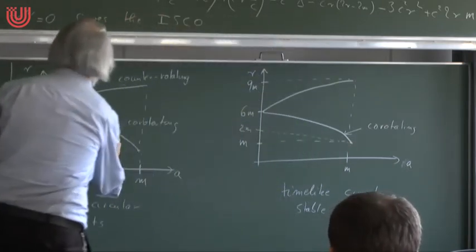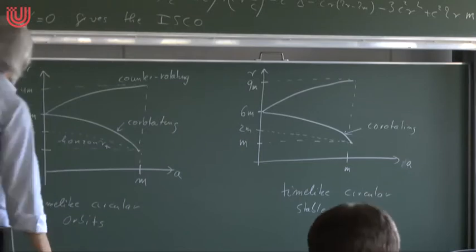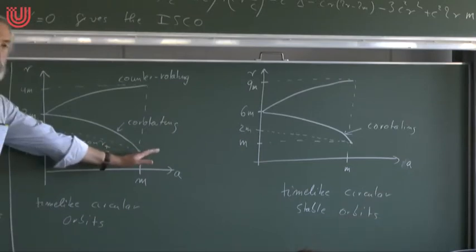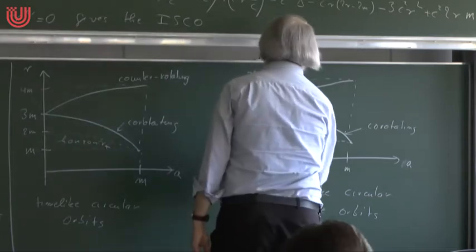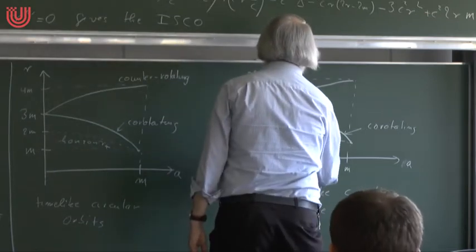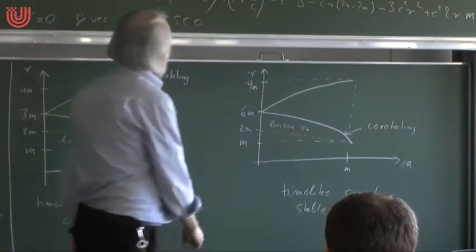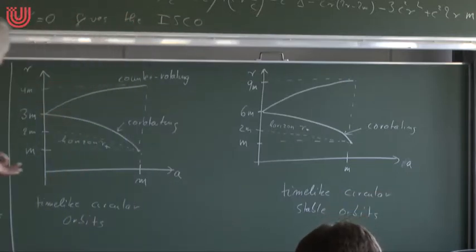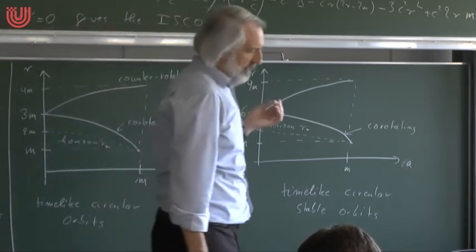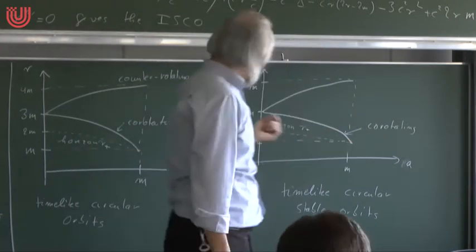I should write horizon at r plus. There's another one which comes out of 0 and goes to m. Yeah, this is a horizon r plus. So actually, the Boyer-Lindquist coordinates are irregular.